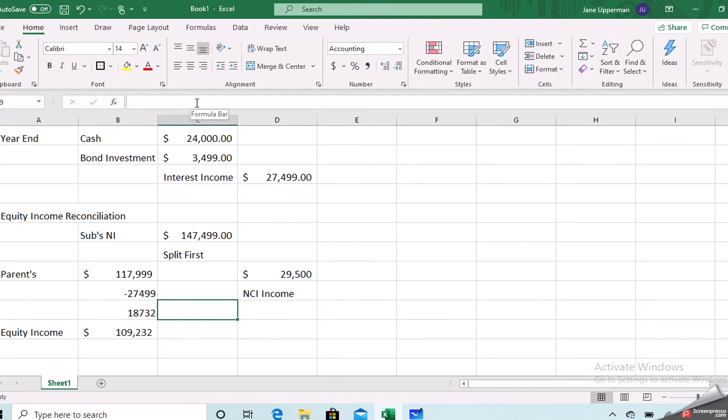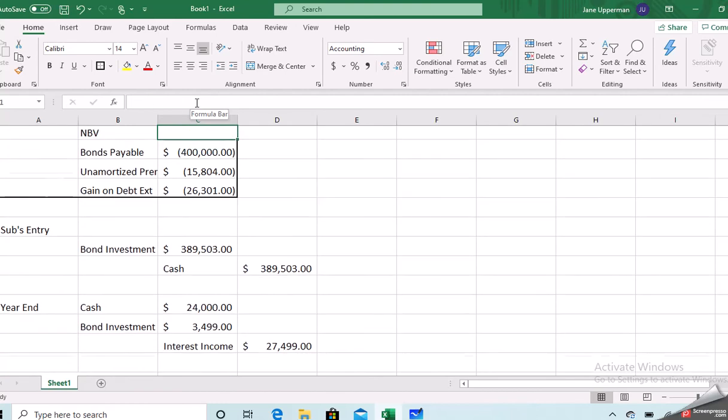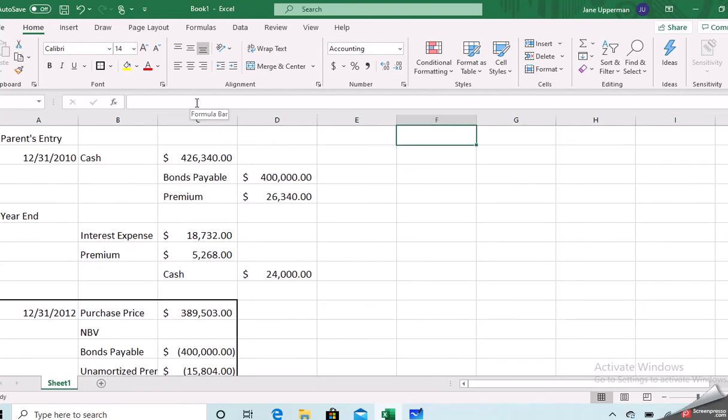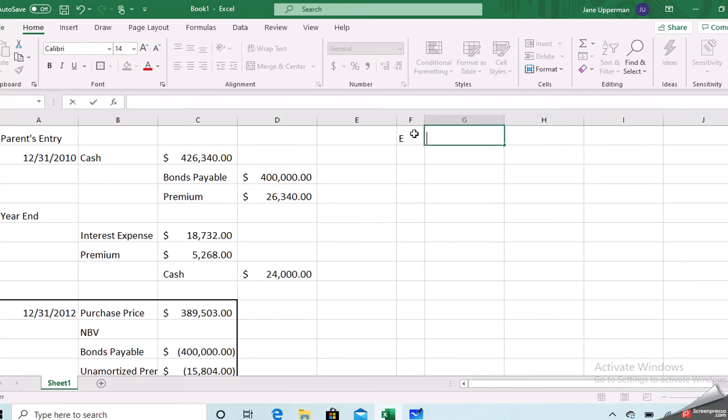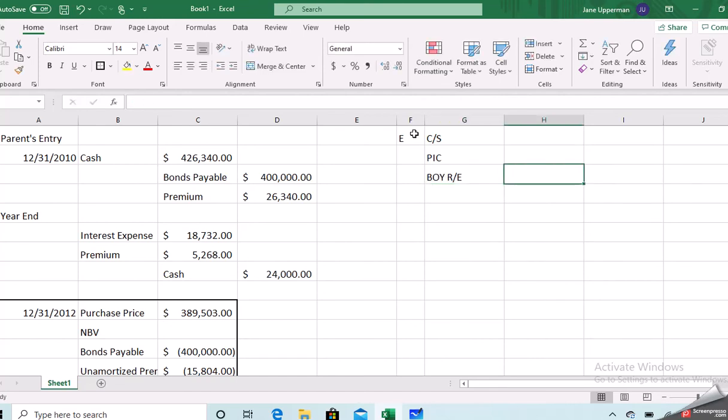All right, then I'm not going to worry about the equity investment because there's not that much entries into it. So now I'll go over to the side here to keep it all on one worksheet. I've got my E entry. I'm going to set it up to debit my common stock, debit my paid-in capital, and then debit my beginning of the year retained earnings.